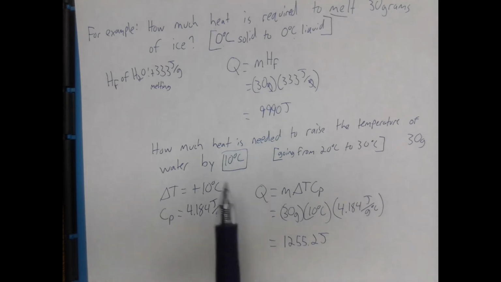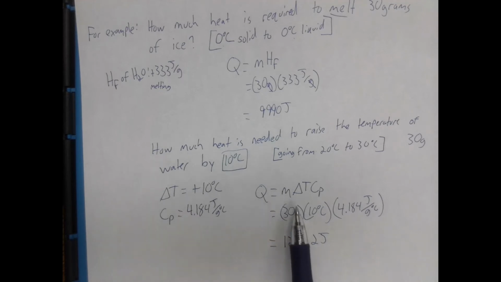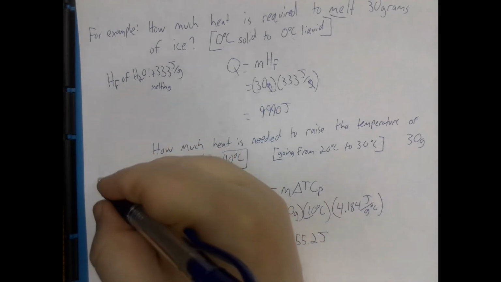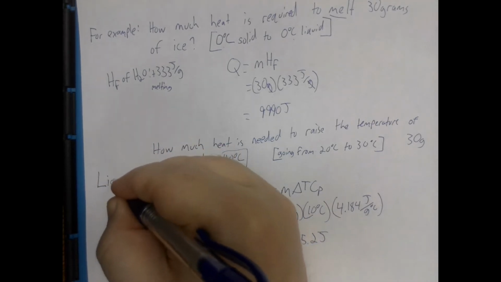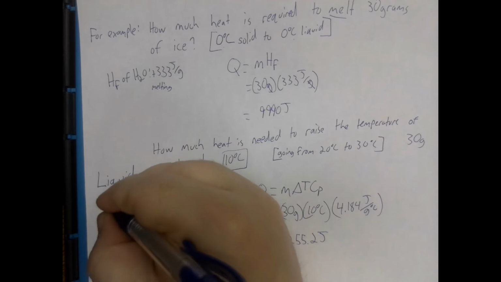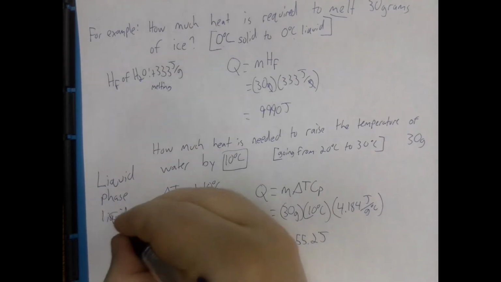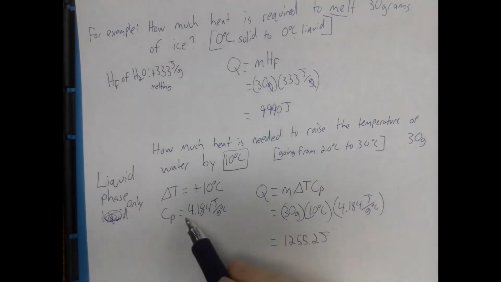So if there is no phase change, we use this formula. If there is a phase change, we use this formula. This entire formula is used during the liquid phase only, with Cp being 4.184.